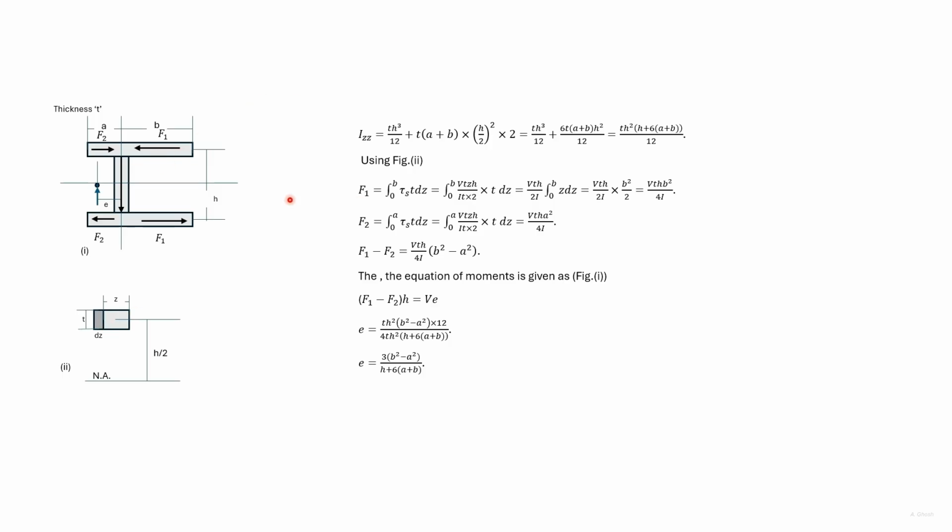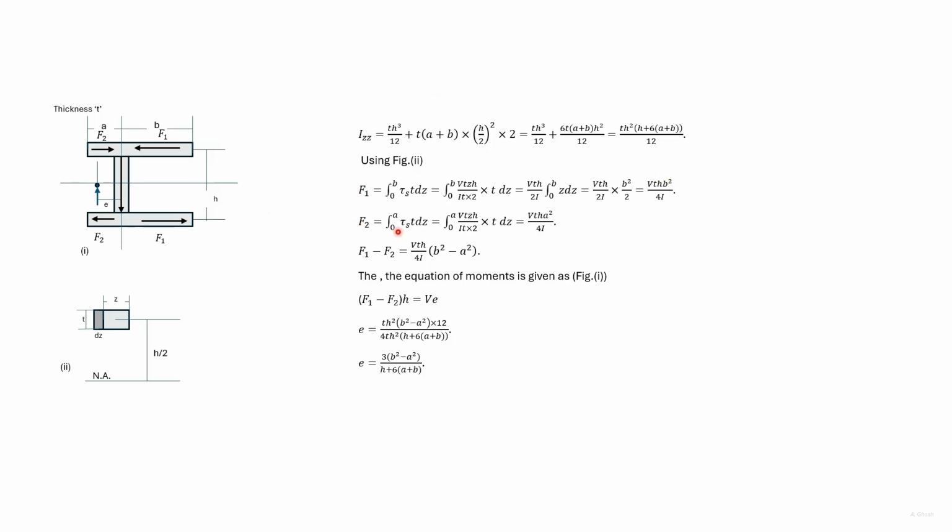So the total force F1 can be found by integrating tau s t dz from 0 to b. Tau s is VQ by It, and Q here is z into t into h by 2. So substituting the values and integrating, we get this expression.